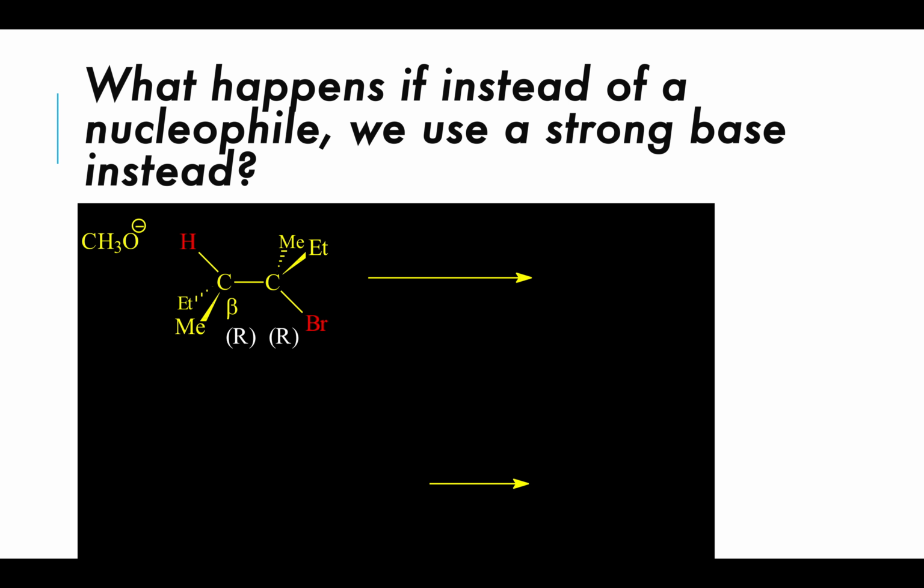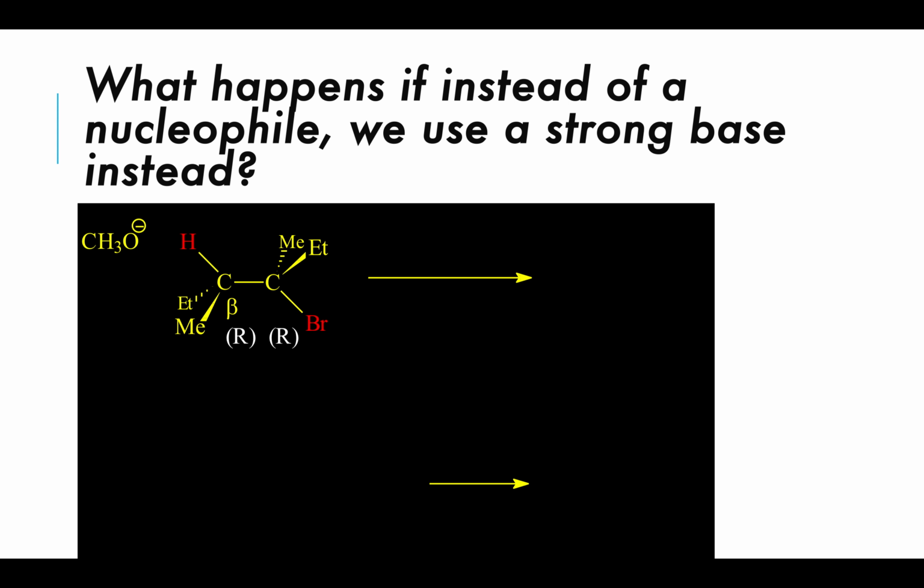Note, strong base is very important for an E2 reaction. So just like an SN2, we usually prefer having, let's say, a primary or a secondary substrate. But note, even a tertiary substrate would undergo an E2 reaction, again with the keyword using a strong base.